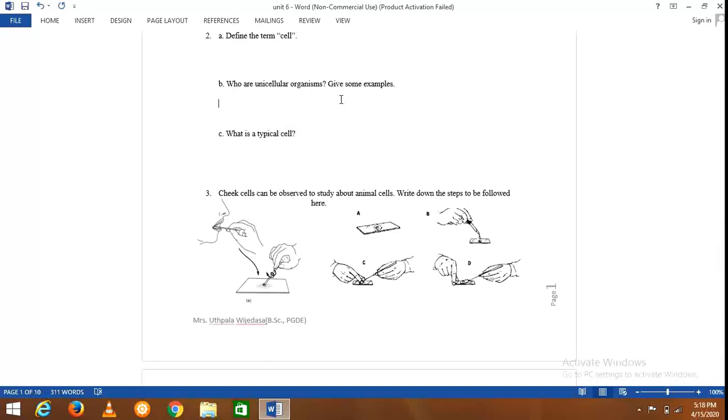Unicellular organisms are the organisms which consist of a single cell. As examples, we can say all bacteria are unicellular. You can take certain examples like Lactobacillus, then Acetobacter, then there is Vibrio cholerae.